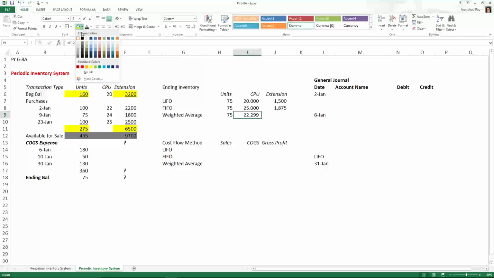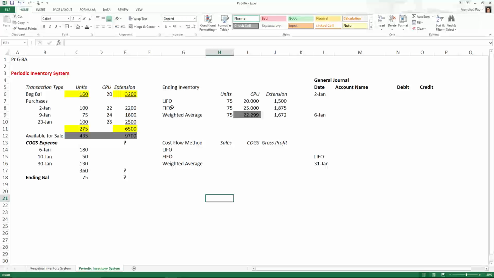So this number, I'm going to go back to highlighting it in the same color as over here to indicate that's where I got that number from. So this is what's going to be assigned to the ending inventory.